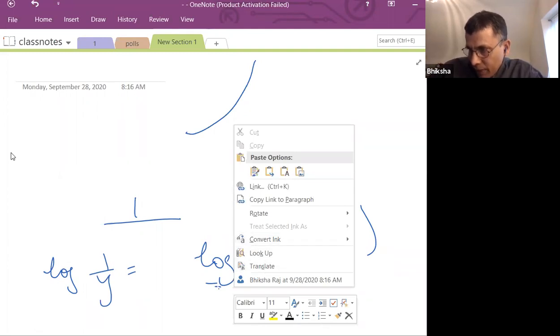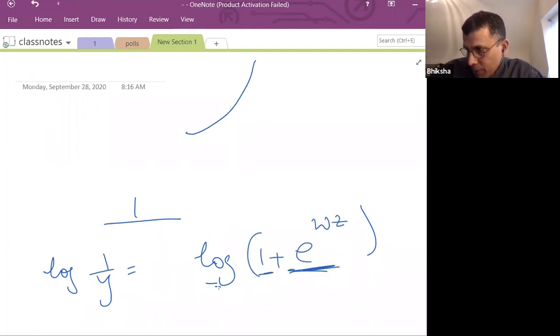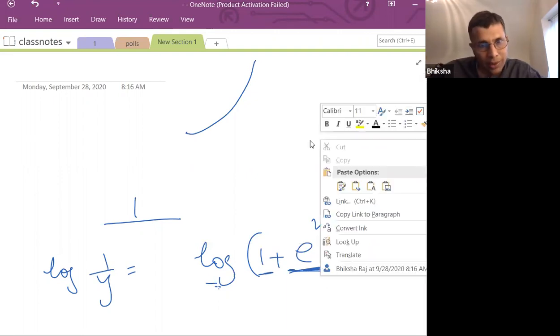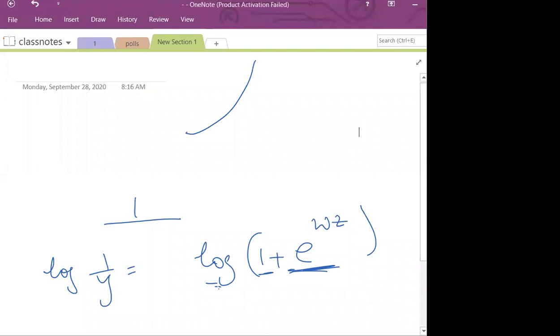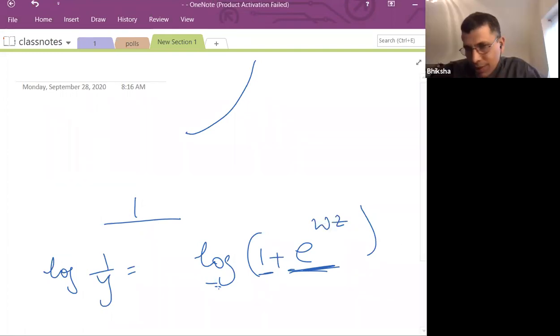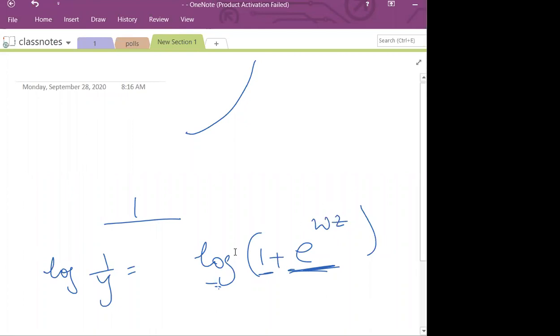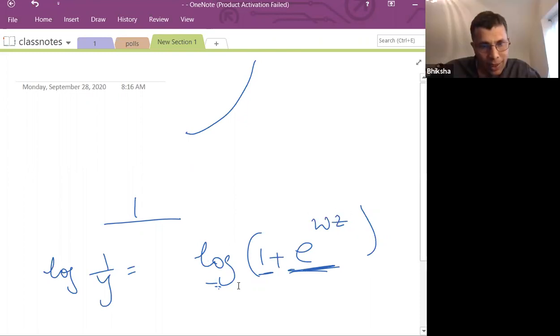And even if it did, eventually you'll just end up with wz, and wz is linear, so it's convex, right? So this guy's convex, and then I have a 1 plus, so you're going to end up with convex stuff.